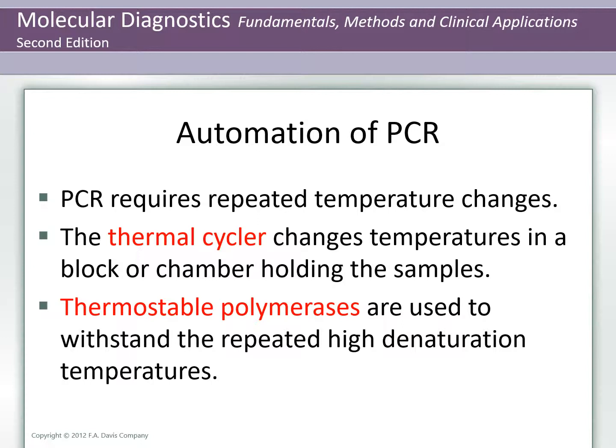Automation of the tedious process was greatly facilitated by the availability of heat-stable enzymes. Thermal cyclers change the temperature in a block or chamber that holds the samples. And the thermal stable polymerases are used to withstand the repeated high denaturation temperatures.